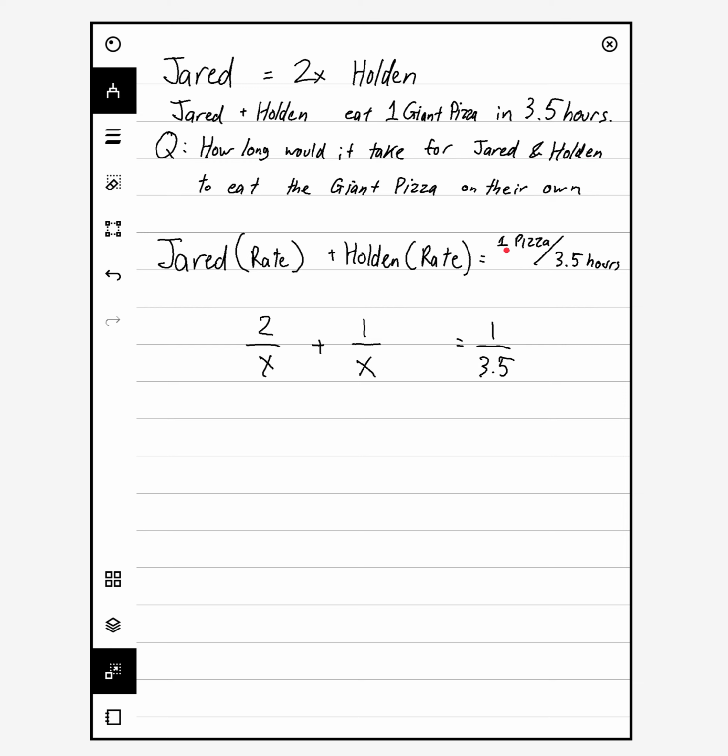And then at the end, they eat one pizza in 3.5 hours. So since we know that it takes them 3.5 hours to eat one pizza, or one pizza per 3.5 hours, that's going to be our rate. It's going to be pizzas per hour. So Jared's rate and Holden's rate are going to be represented by pizzas per hour.